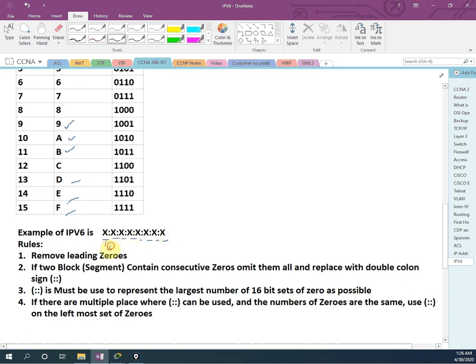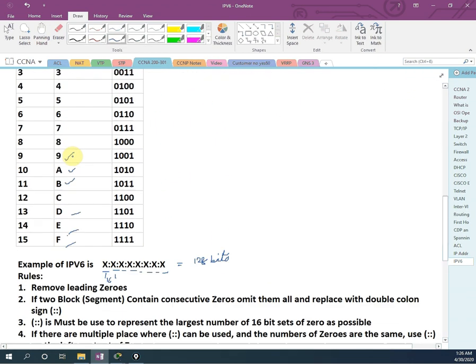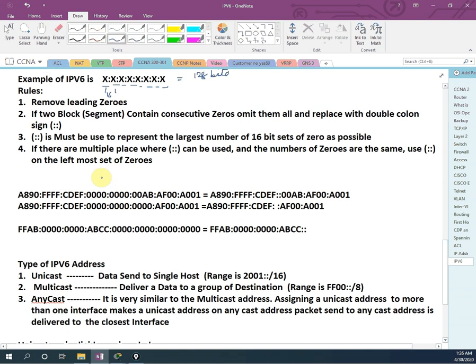Each will be 16 bit, so the total will be 128 bit, as we discussed just now. Here we have some rules to write this, but before that, this is a sample, an example of an IPv6 address from here to here.